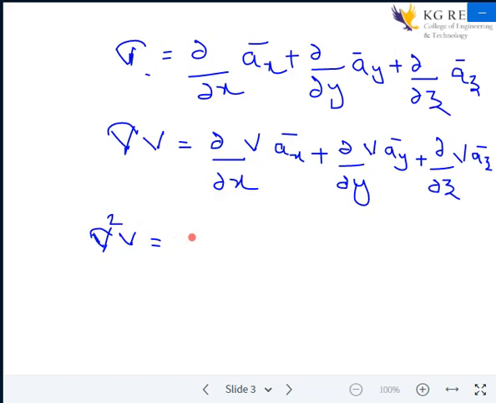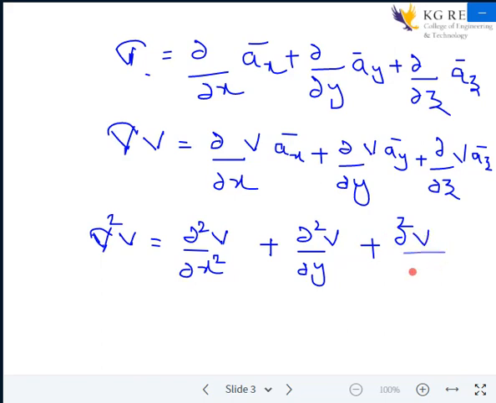The same dou by dou x becomes del square, so dou square V by dou x square, as I am doing the del operation twice here, plus dou square V by dou y square, plus dou square V by dou z square.